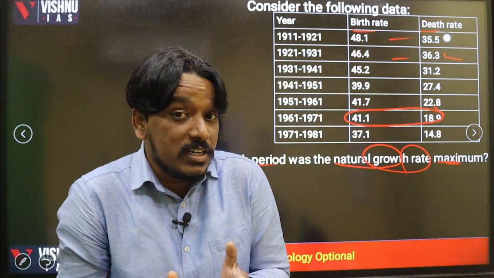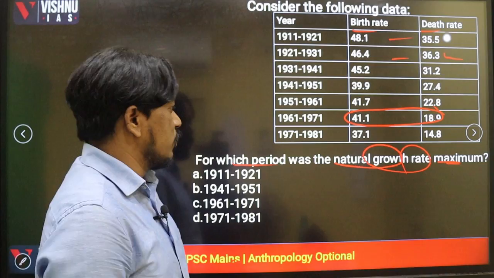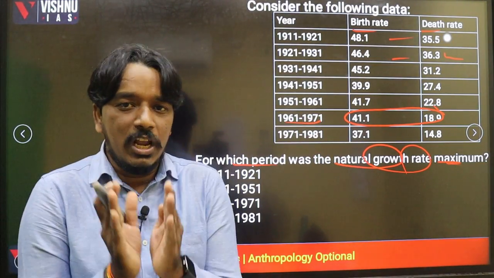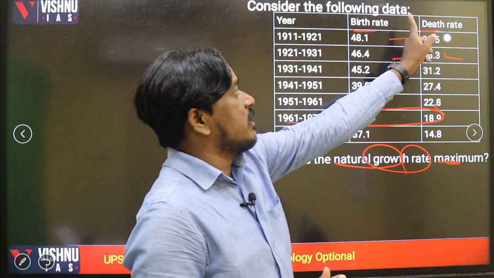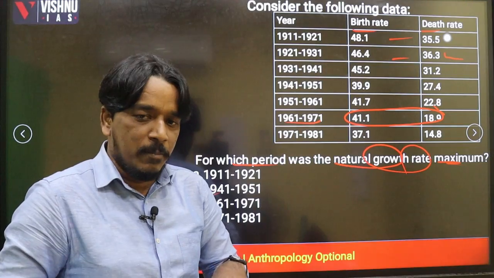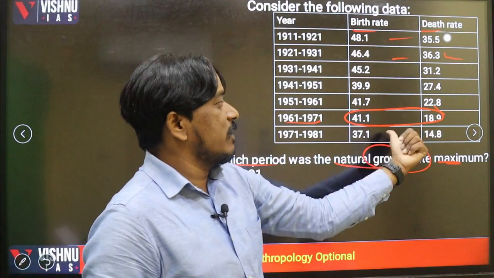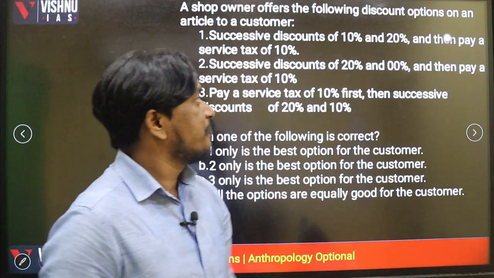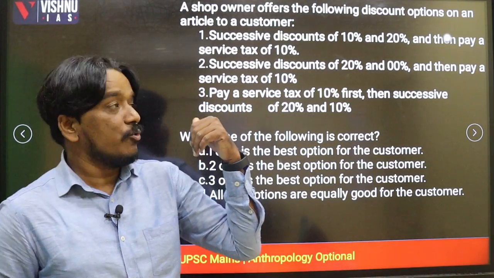Here we are getting the maximum difference, so we can go directly with 1961 to 1971 as the correct answer. The only logic here is, whenever they give death rate and birth rate, for maximum growth rate, wherever we have the maximum gap, that is the right answer. Now we'll take one more question.